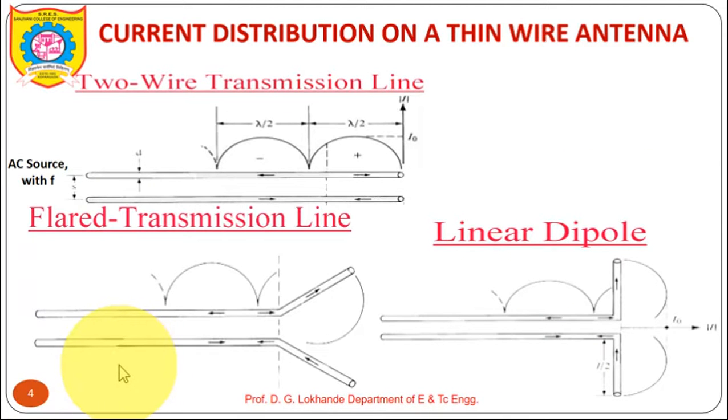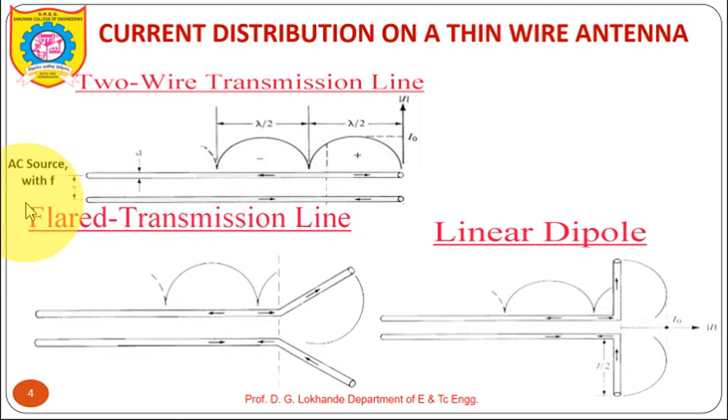Then the next point is how the current distribution takes place in different antennas. Specifically, there are three different mechanisms used. One is called the two-wire transmission line, the second is called the flared transmission line, and the third is called the linear dipole.